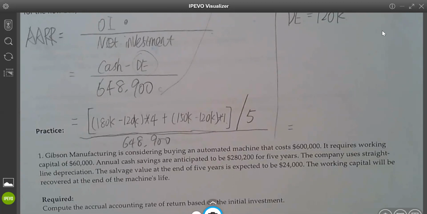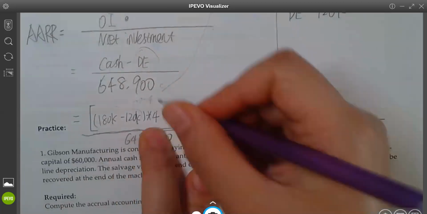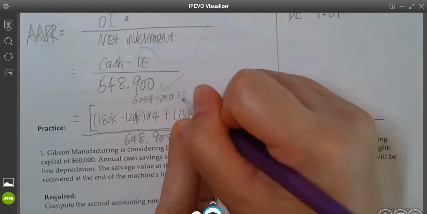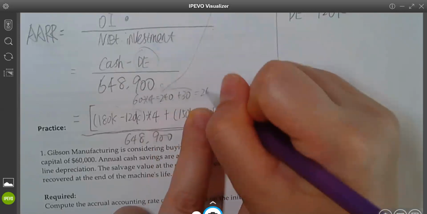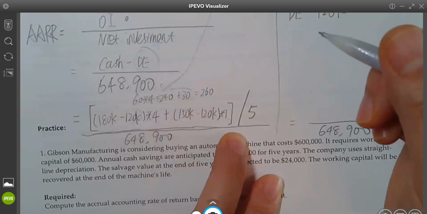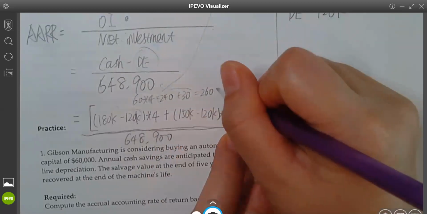So let's look at this. The denominator is 648,900. I think I did a different way. So here is 60, times 4 gives me 240, plus 30, so I got 270, divided by 5.